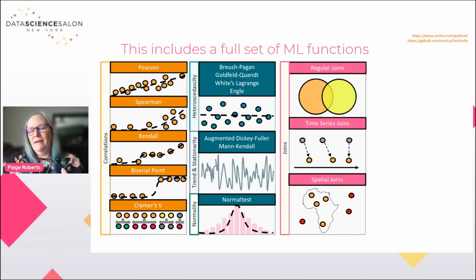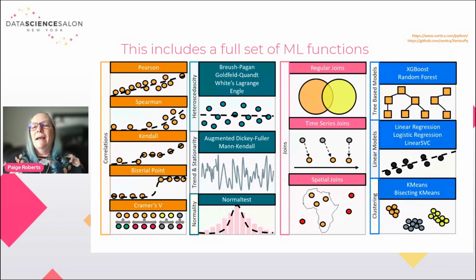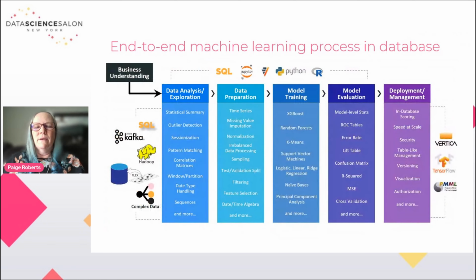Yes, I can do that. I can also train with all of my common models, my classifiers, my regression models, my random forest models, my tree models. All of that is built into most analytical databases, or it's an add-on that you pay for. Either way, you've got in-database machine learning.